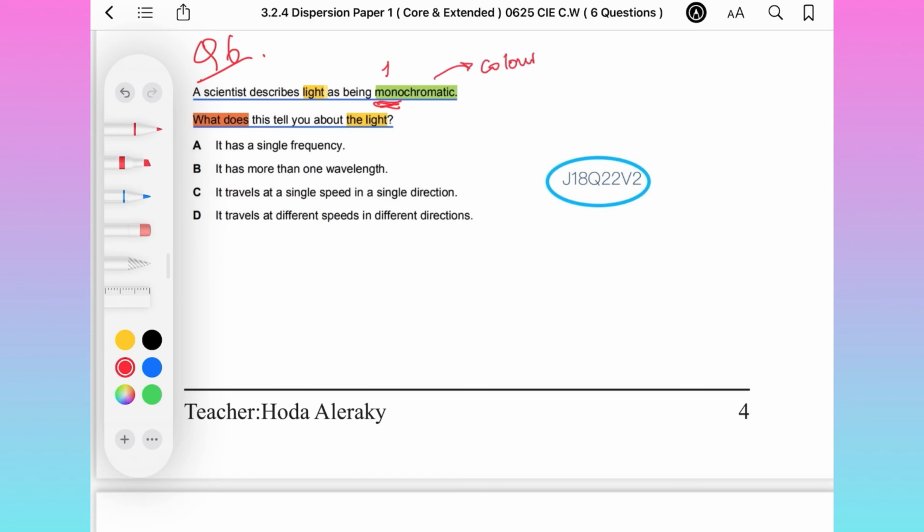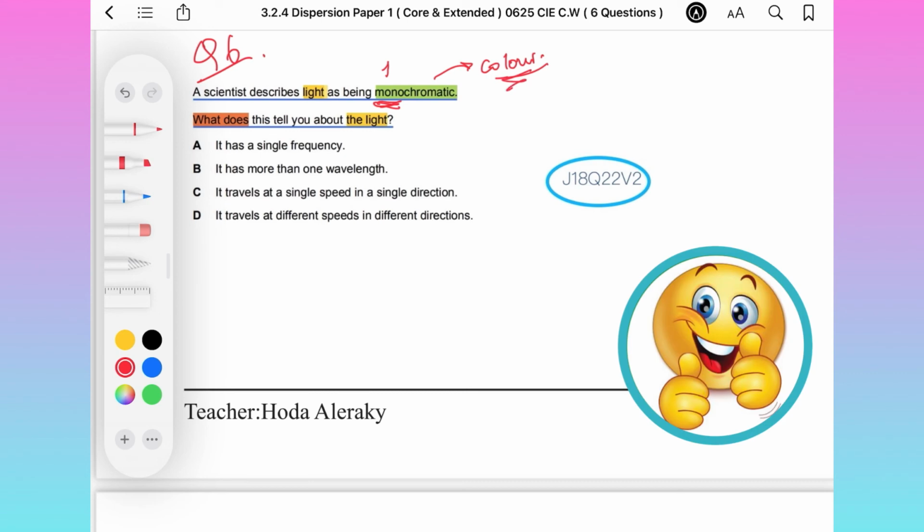So monochromatic light means you have a color of single frequency and single wavelength. So the answer is A. And we consider laser as monochromatic light.